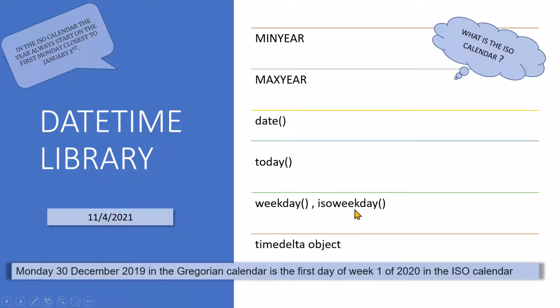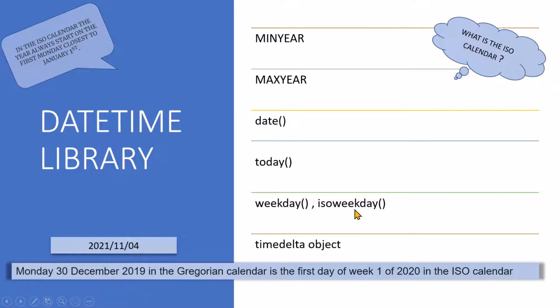So to take away this ambiguity, ISO came out with their own format where the year is represented by the entire number 2021, 11 is the month, and 4 is the day. So this takes away the ambiguity of whether we're talking about day, month, year, or month, day, and year.